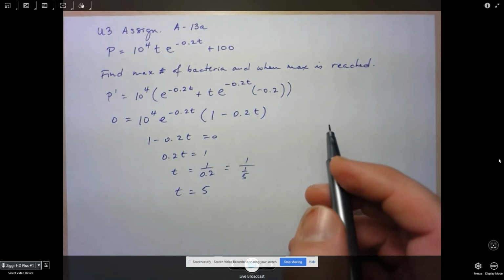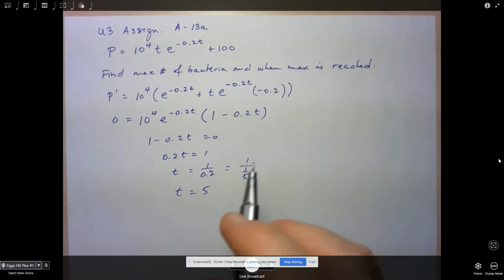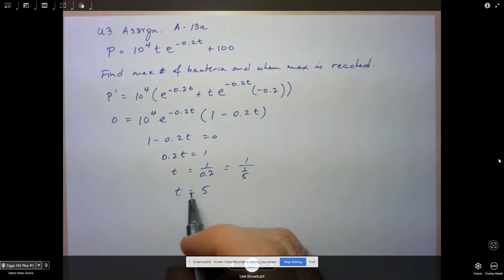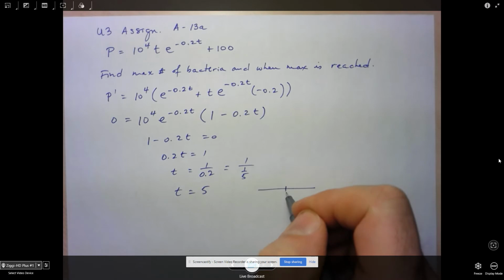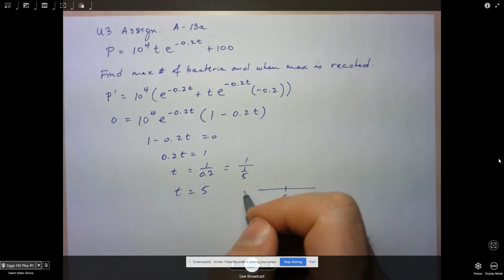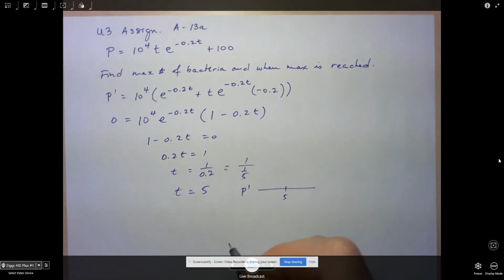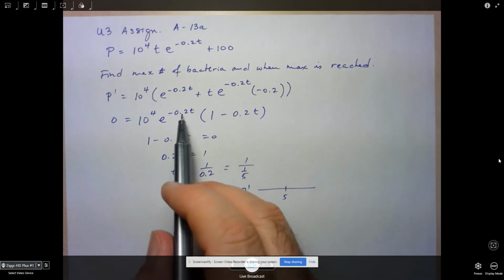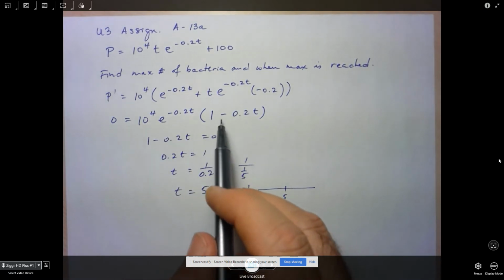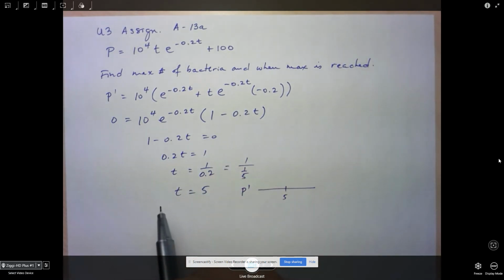Now we have to show that this indeed relates to a maximum value. So I'm just going to create a number line here. This is p prime, and now we just have to test the sign. Again, 10 to the 4 is always positive, e to the negative 0.2t is always positive, so we only have to look at this part of the derivative.